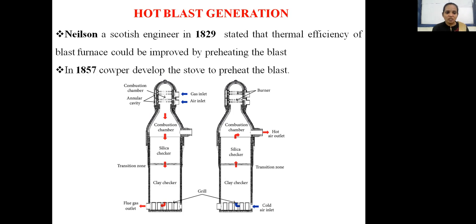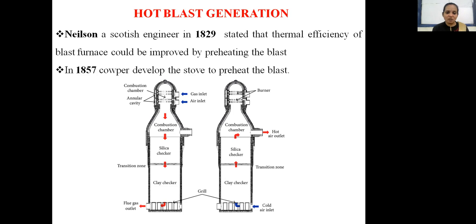Then in 1857, Cowper developed the stove to preheat the blast of air. Air can be preheated and injected into the blast furnace under pressure. The air is to be preheated to around 1200 to 1300 degrees Celsius. So here in this picture, you can find the combustion chamber, checker brickwork and clay checker work.